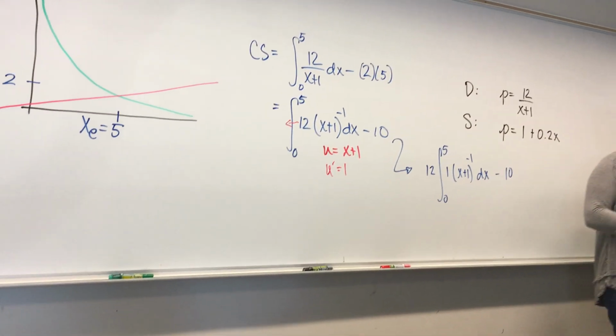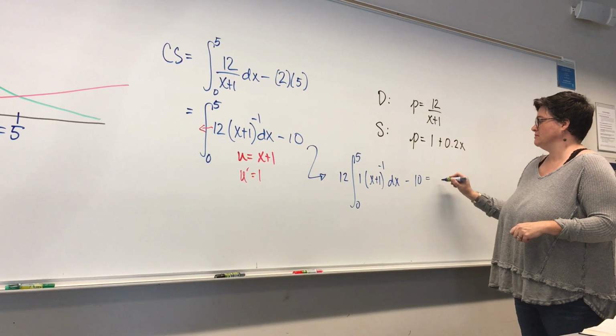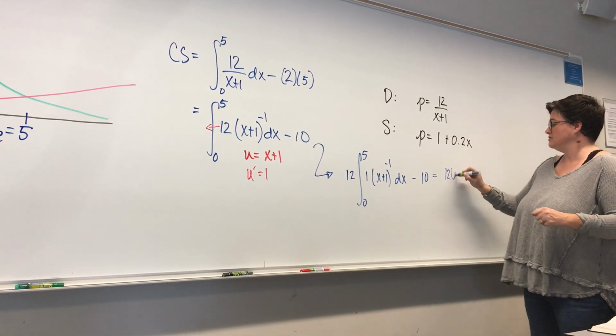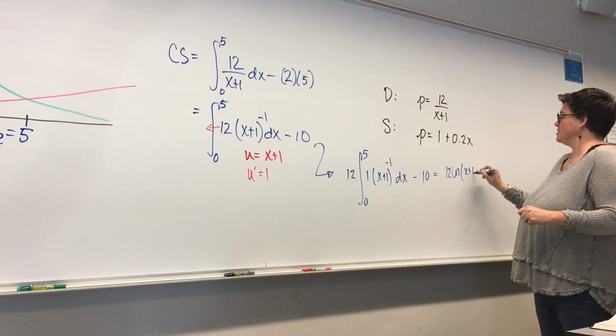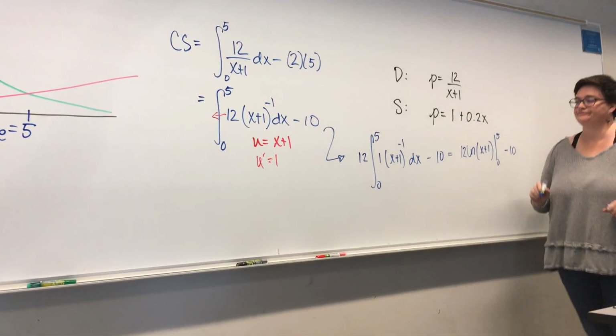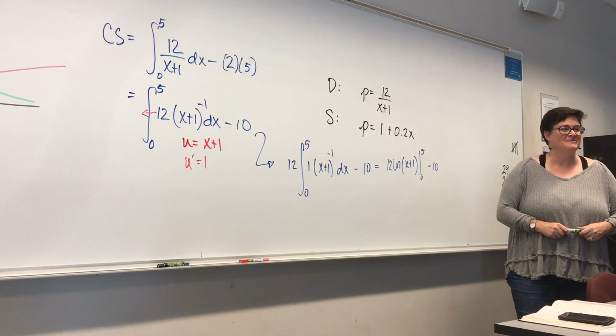Am I ready to integrate, guys? Great, what is it? 12 natural log of x plus 1. We're doing that from 0 to 5, and then we subtract 10. Yeah. And I think you can take it from there.